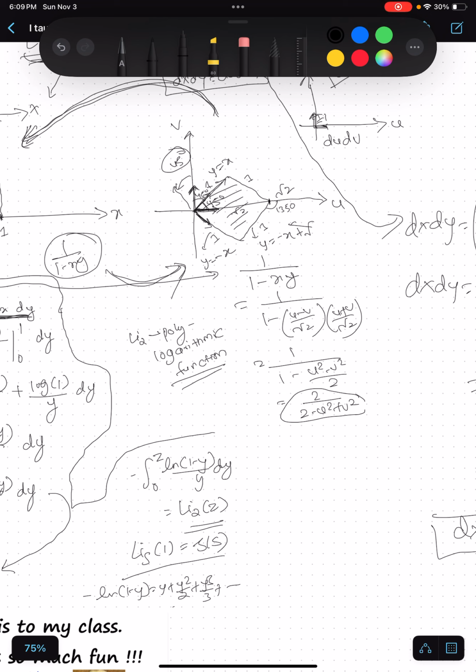Oh sorry, this one has a positive slope because we need to see this angle, 45 degrees. Okay, so this is x plus root 2, right?